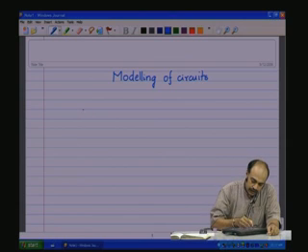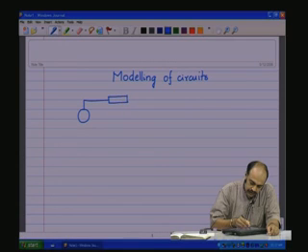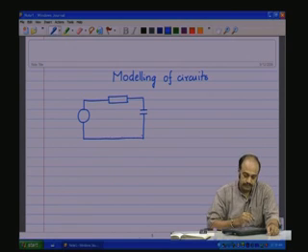Consider a simple circuit with a source, a resistance, and let's say a capacitance, all of them connected in series in this manner.